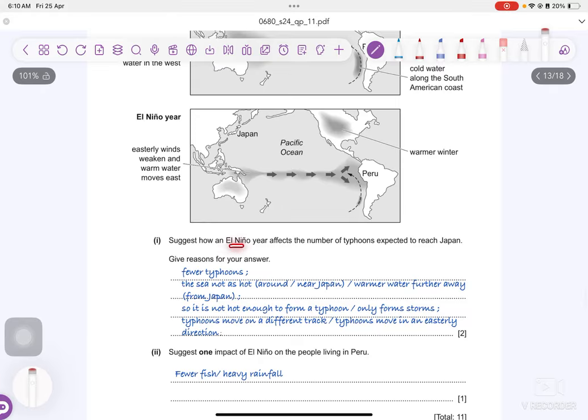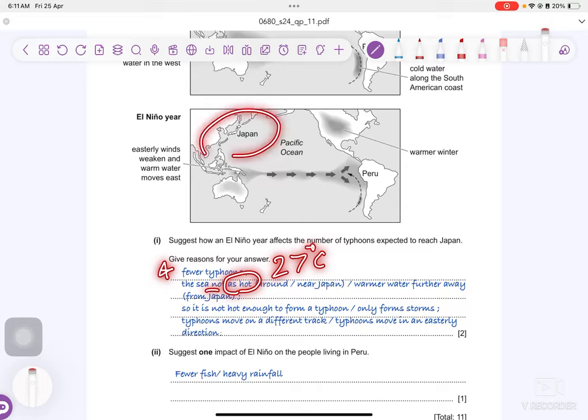Now, suggest how El Niño affects the number of typhoons expected to reach Japan. You're going to say there are fewer typhoons, because the sea is not as hot. The water should be at least 27 degrees Celsius, but during El Niño, that's not going to happen. This is Japan, and all the warm water is going towards Peru.